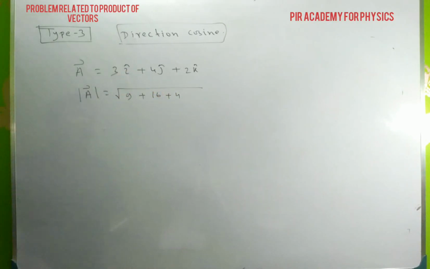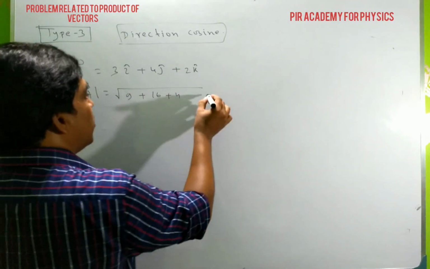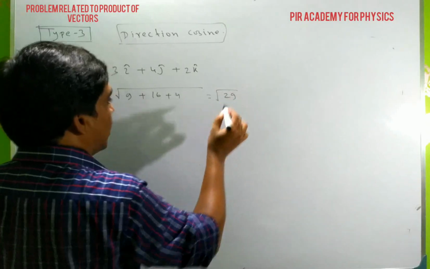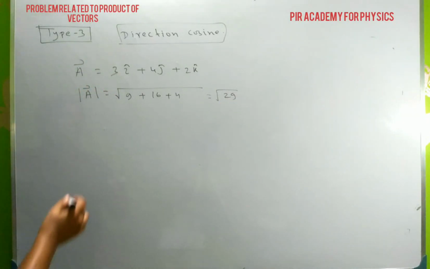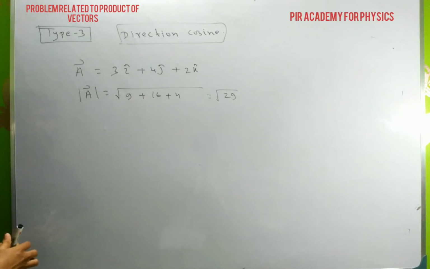That means 3 square equals 9, 4 square equals 16, and 2 square equals 4. That means root over 29. You have to calculate the direction cosine.